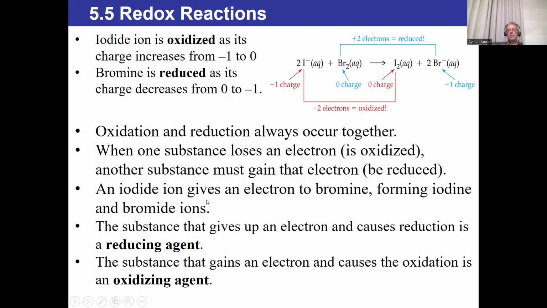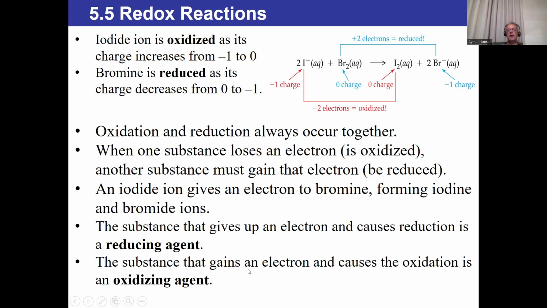An iodide ion gives an electron to bromine, forming iodine and a bromide ion. The substance that gives up an electron and causes reduction is called the reducing agent. I minus reduces Br2 to Br minus, so I minus is called the reducing agent.